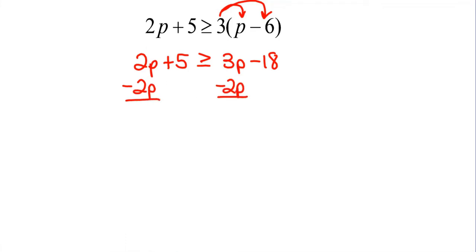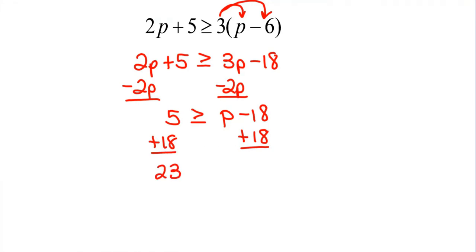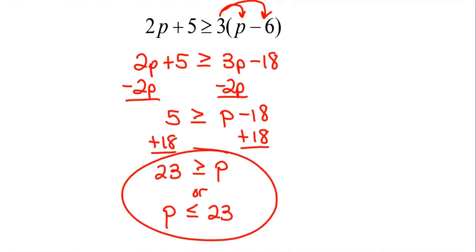Again, the inequality symbol is unaffected. Left-hand side, 0 plus 5 is 5, is greater than or equal to p minus 18. And then I just have to add 18 to both sides to eliminate that constant. 5 plus 18 is 23, is greater than or equal to p. Or, again, if I want to write that with a variable on the left-hand side, p is less than or equal to 23.